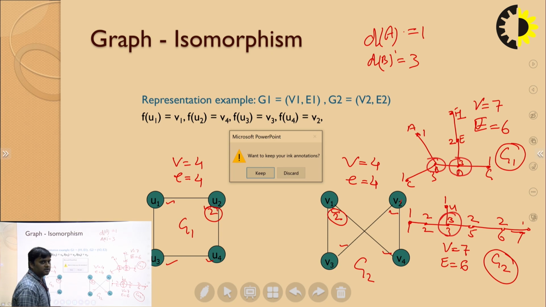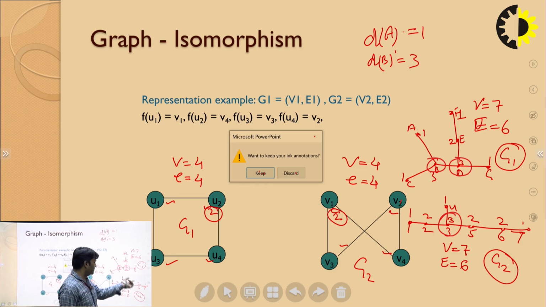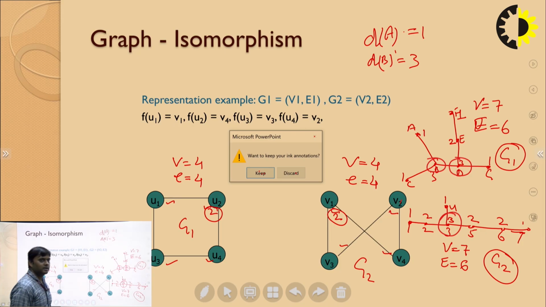Then these two graphs are not isomorphic to each other because the degrees of the vertices are not the same, meaning the one-to-one correspondence does not hold here.